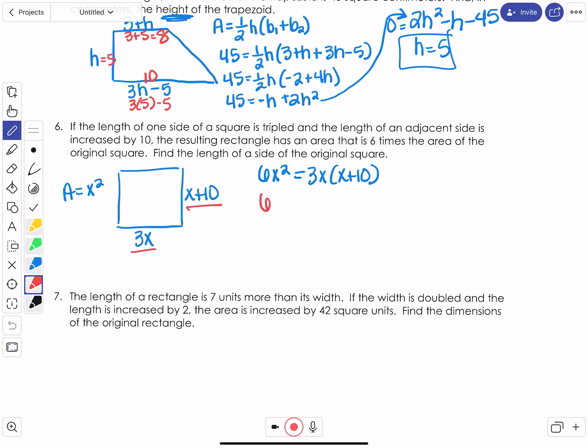So 6x squared equals, distributing, 3x squared plus 30x. And now if I just move this 6x squared to the other side, I get 0 equals negative 3x squared plus 30x.